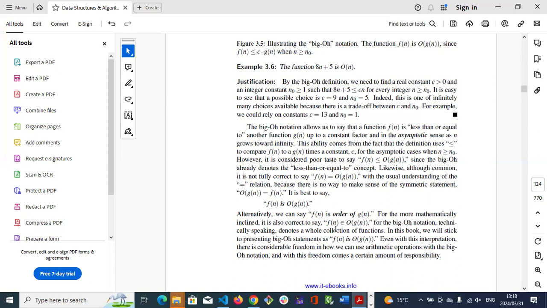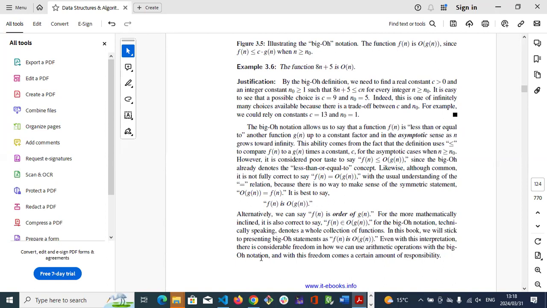Alternatively, you can say f of n is the order of g of n. For the more mathematically inclined, it is also correct to say f of n is an element of Big O of g of n. Technically speaking, Big O is the whole collection of functions. In this book, we stick to presenting it as f of n is Big O of g of n.